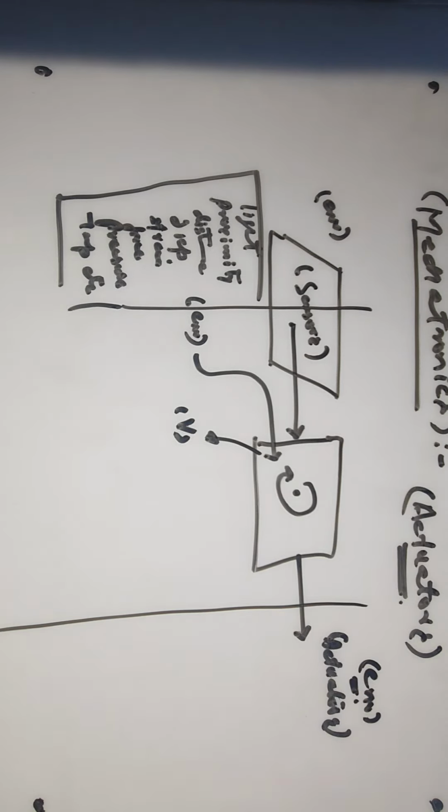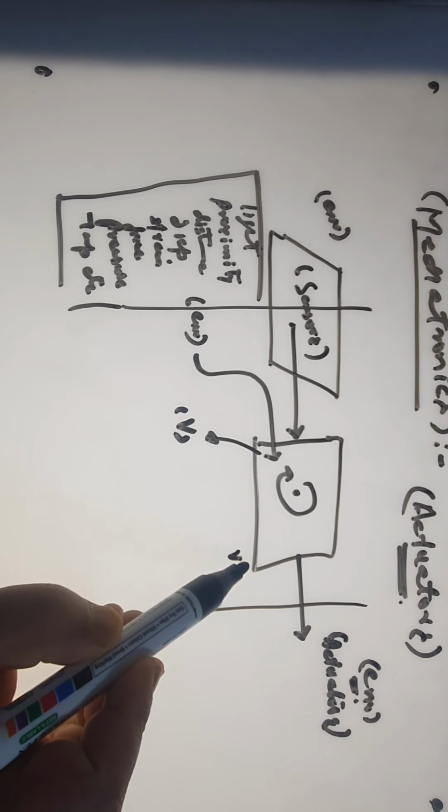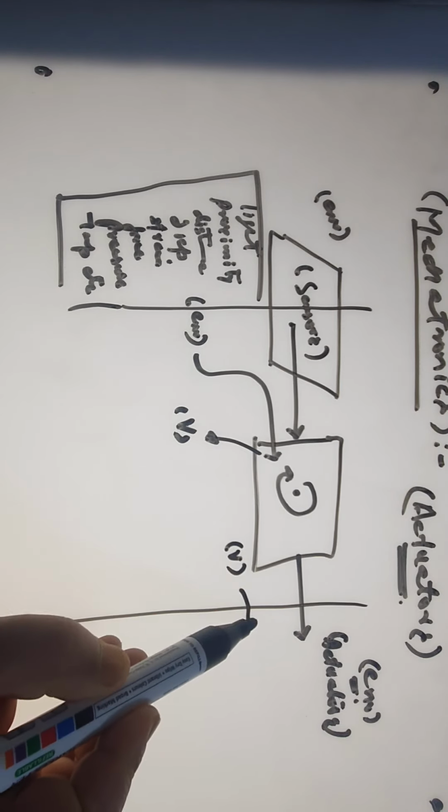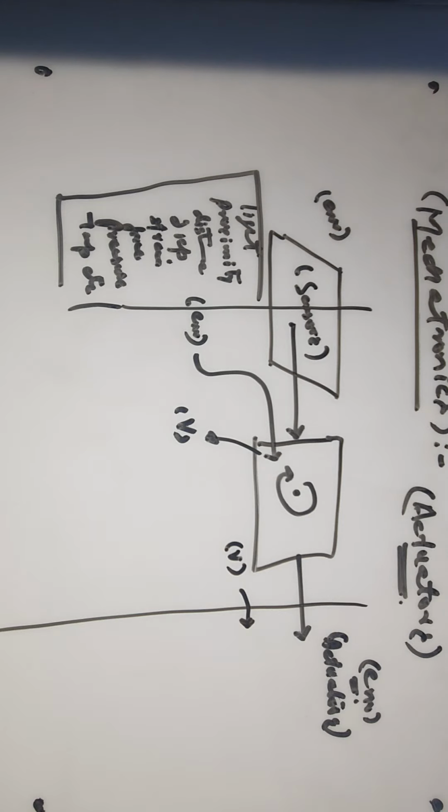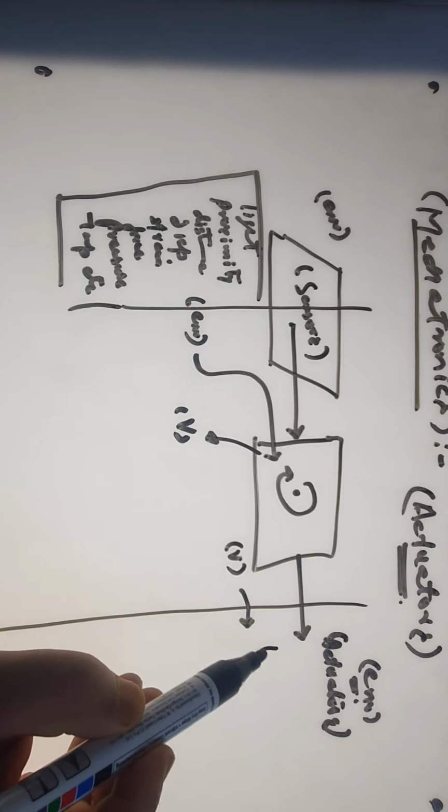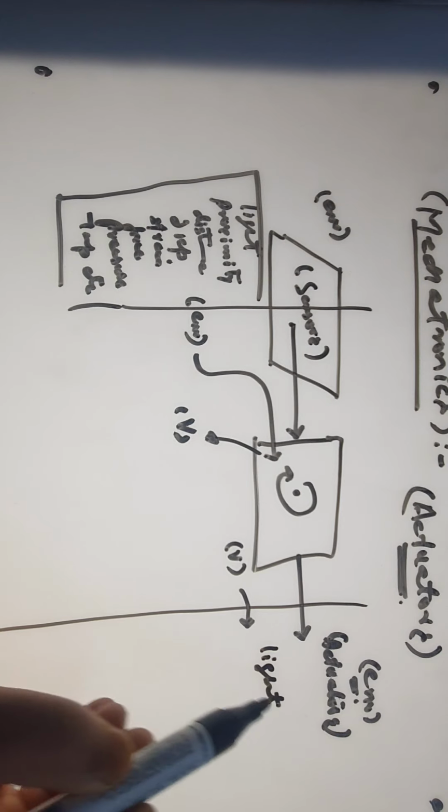On the actuator side, we will have to do the reverse process. The reverse process is that this system variable now needs to be converted back into the physical parameters, the environmental variables. For example, the voltage needs to be converted back into light.